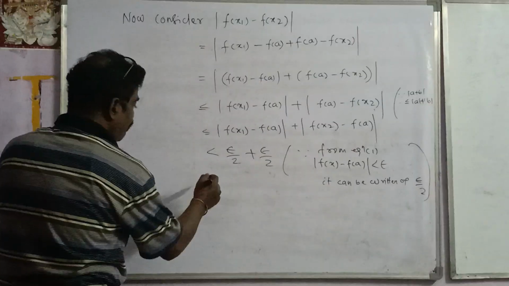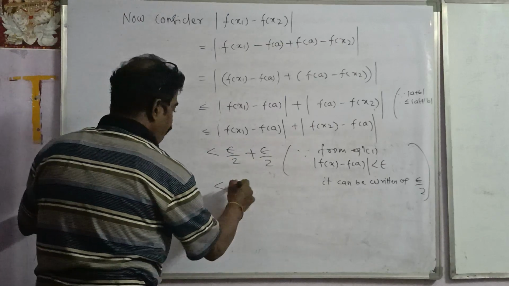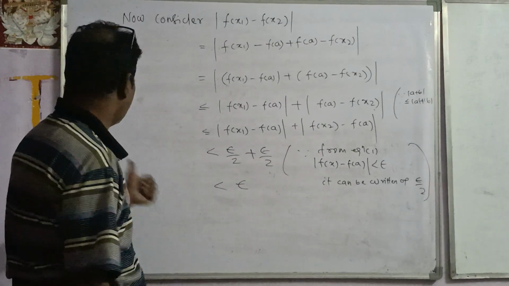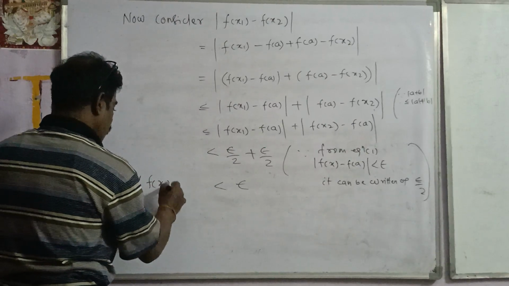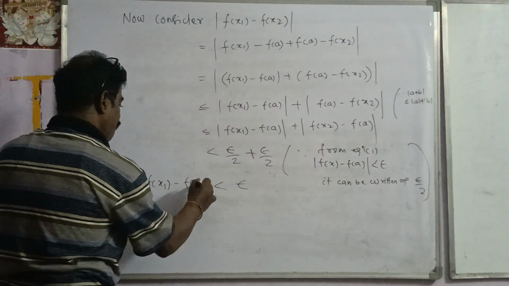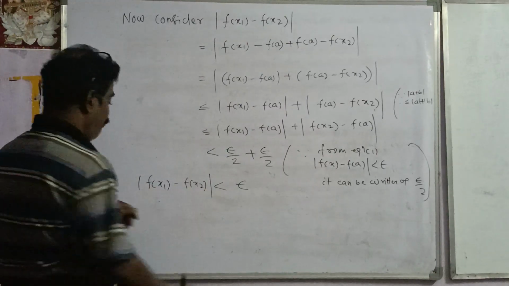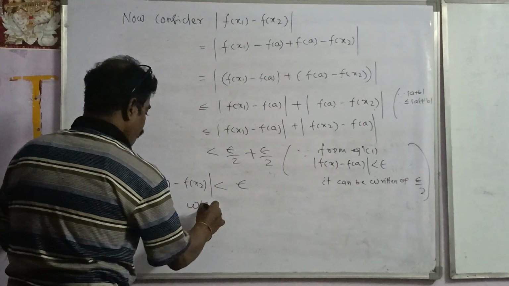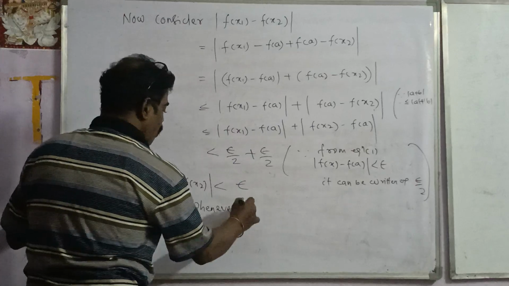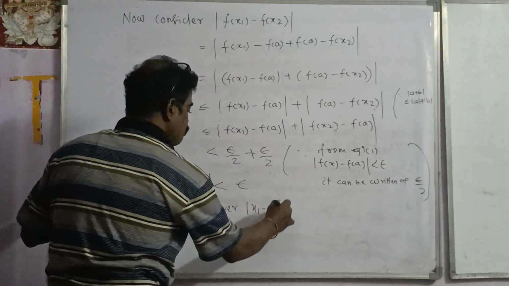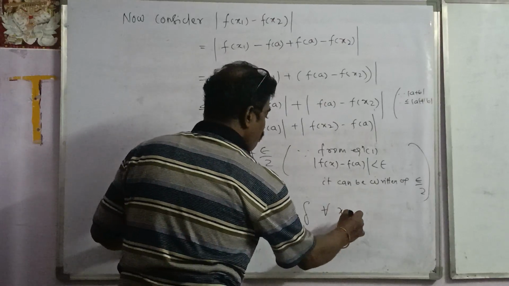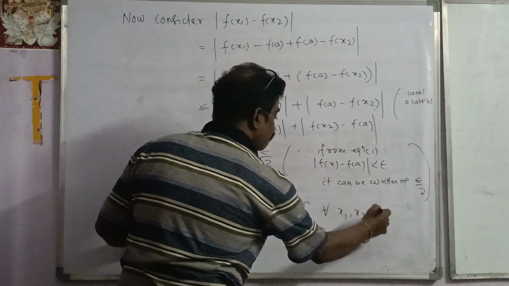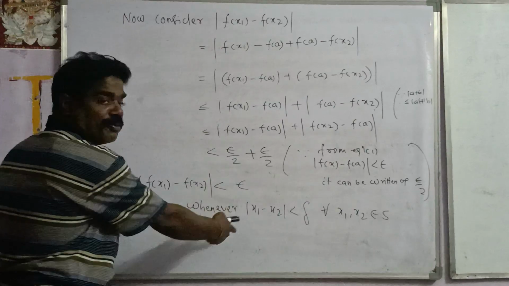So how much you got here? You got epsilon. On the left hand side, |f(x1) - f(x2)|, then above, |x1 - x2| < delta for all x1, x2 belongs to S. This only we have to prove.